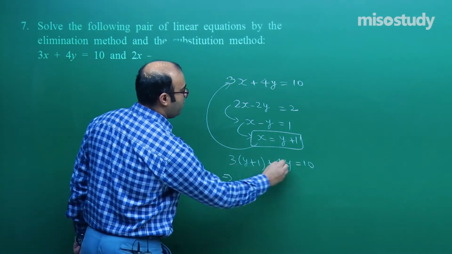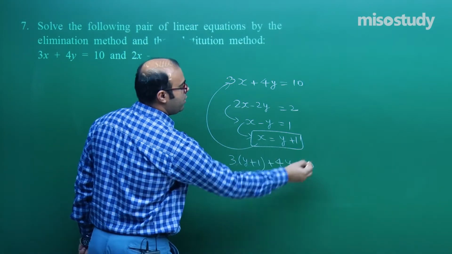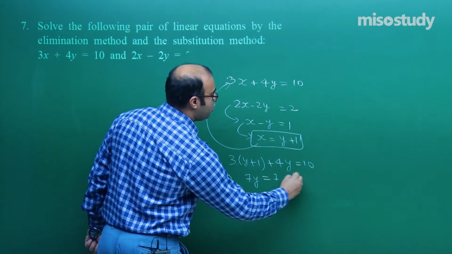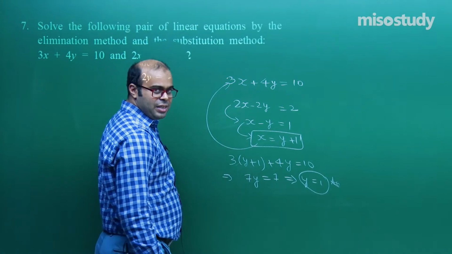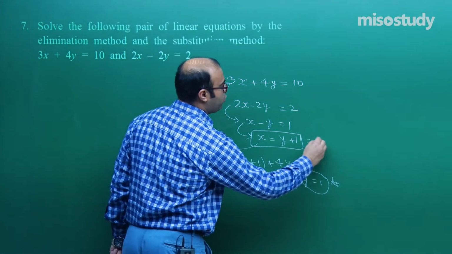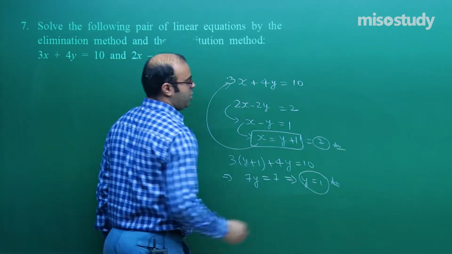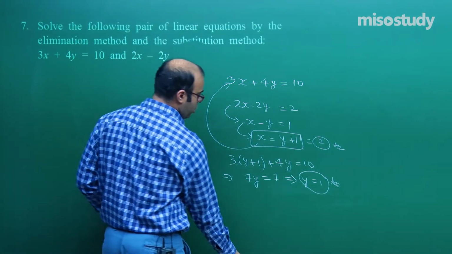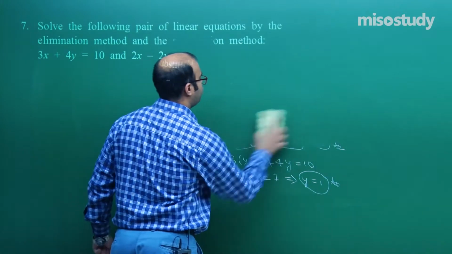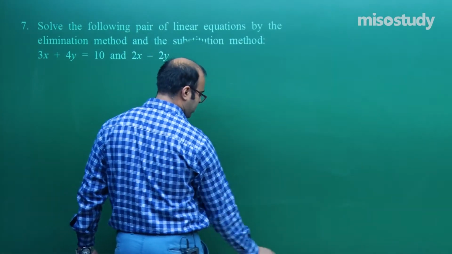This will become 3y plus 4y, 7y, and 3 will go there, 10 minus 3 will be 7. So y is equal to 1. So y is 1 is one of the answers. If you put y is equal to 1 here, you will get 2. This is the value of x. So here also we are getting (2, 1) by substitution, as by elimination also. So we can use any method, substitution or elimination, we will get the same answer.